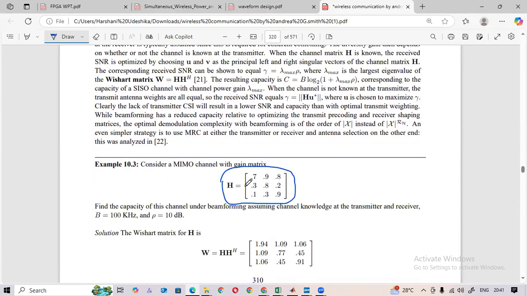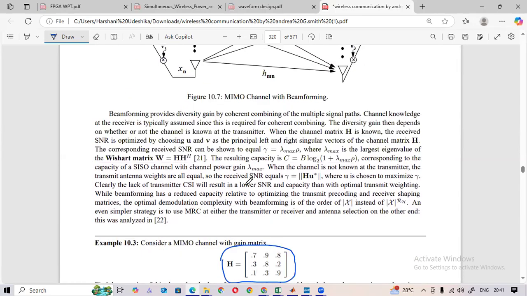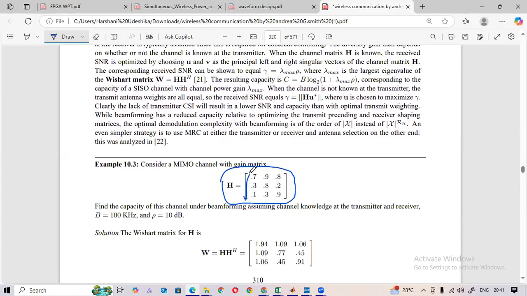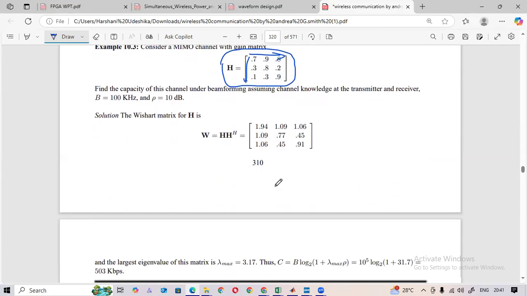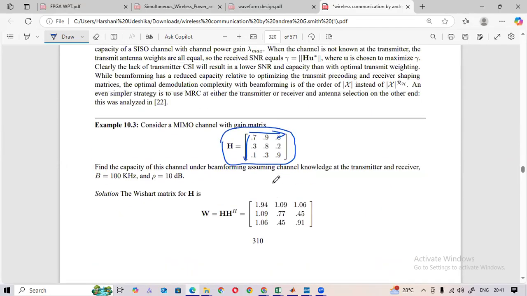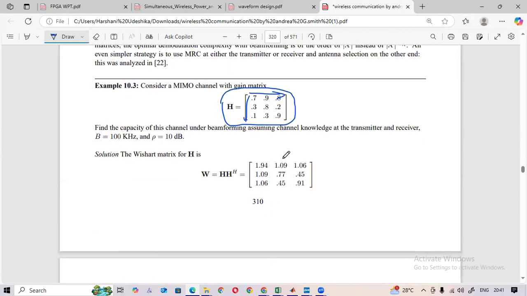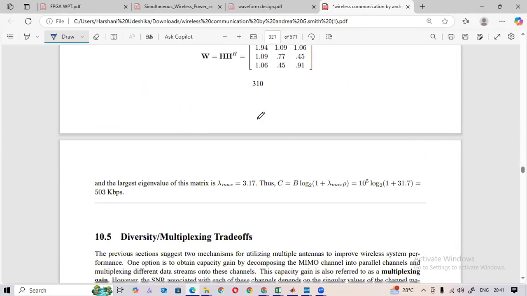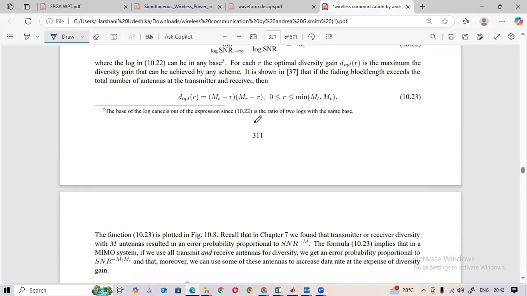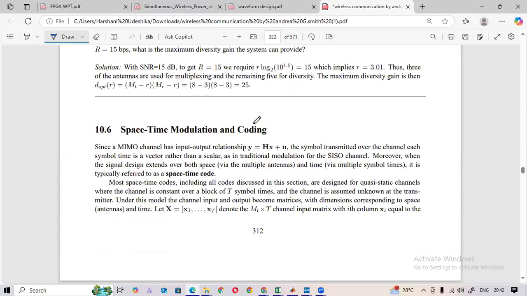So there should be 3 transmit antennas and 3 receive antennas. This is the MIMO channel matrix, so you should be able to get the channel matrix.